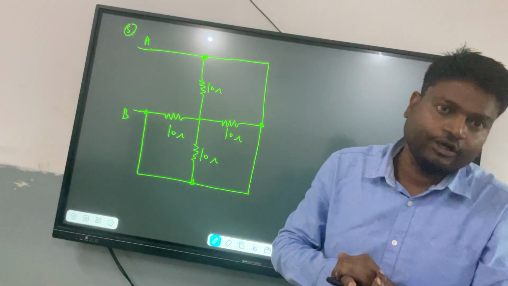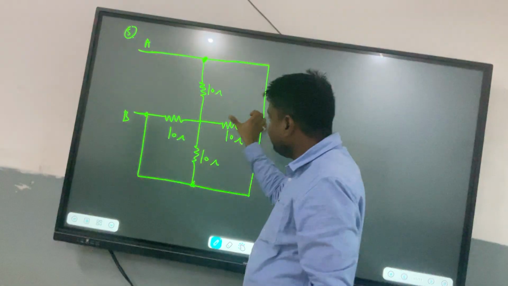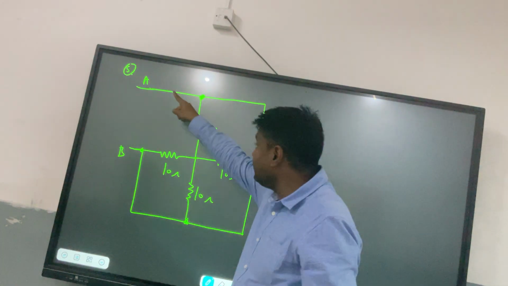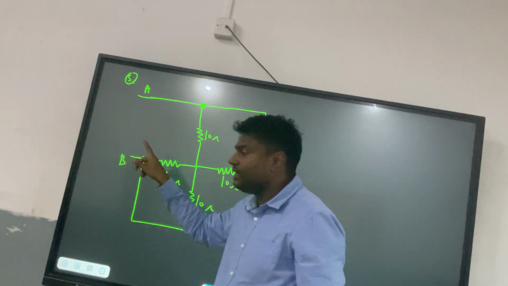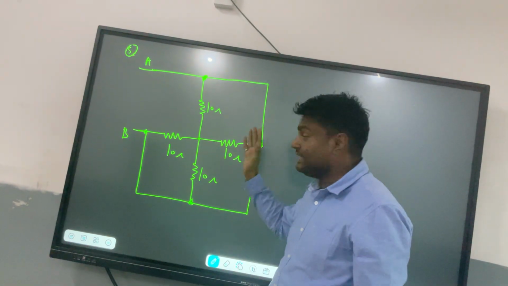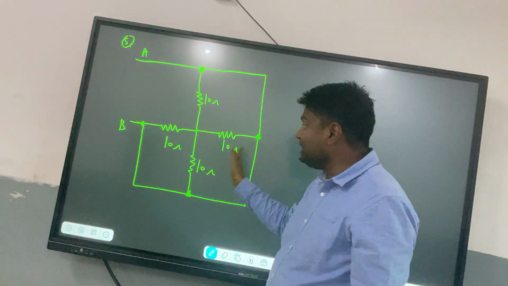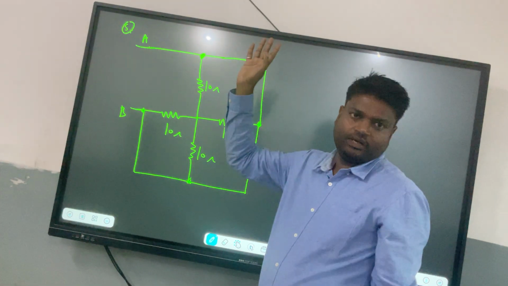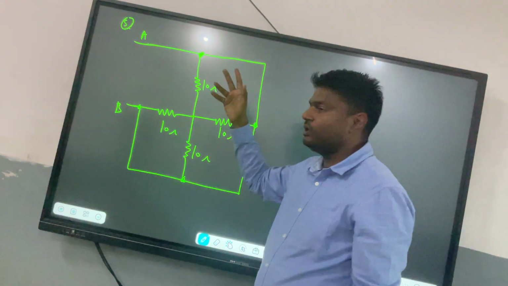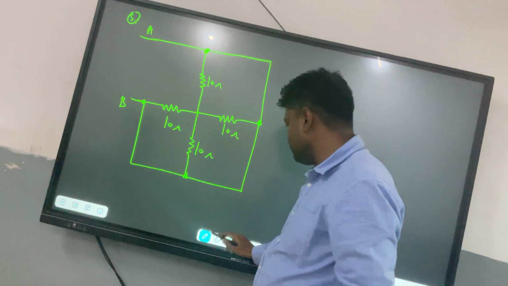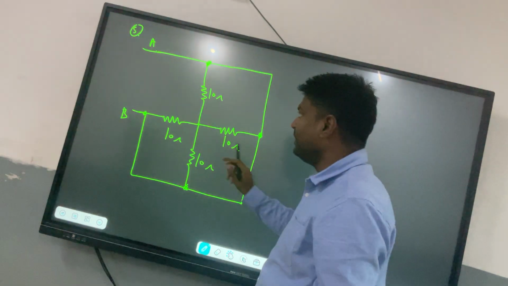These have a parallel combination, 10 parallel 10 parallel 10 parallel 10. But that is wrong. Why? Because there is a parallel branch of short circuit also. That is called what? Exact short. That kills this 10, this 10, this 10, this 10, no use. And if it is of no use, the answer will be 0.